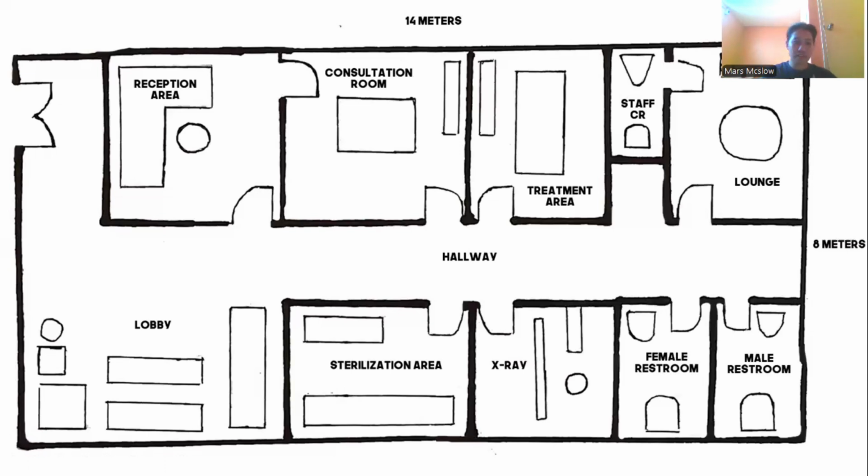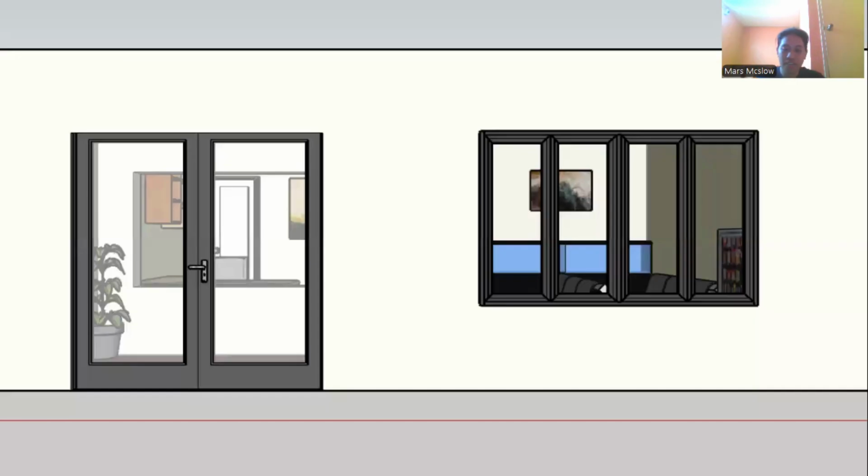And so first, let us explore the lobby. Let me introduce to you the lobby, here it is. This is what the patient would see before they enter the premises of the clinic.